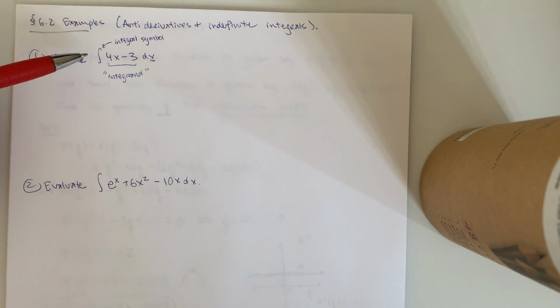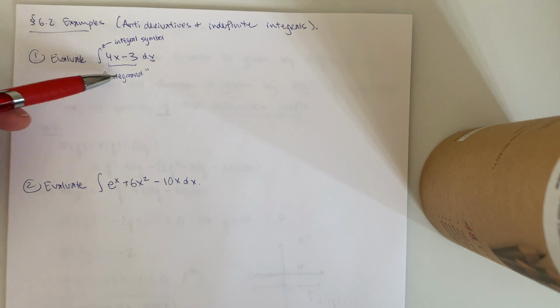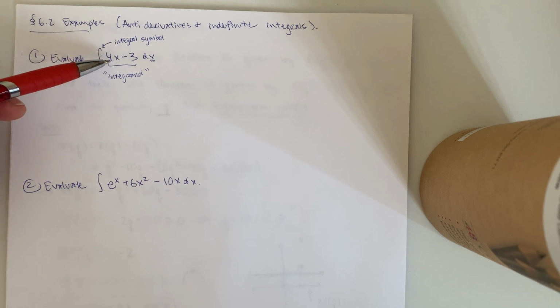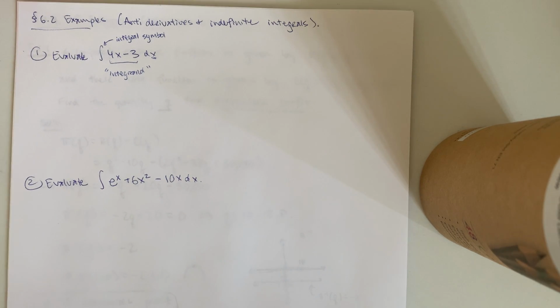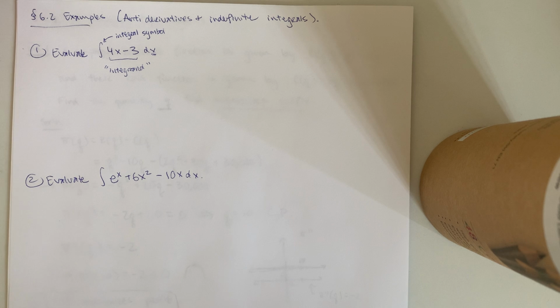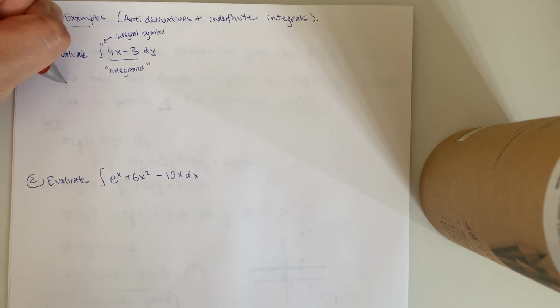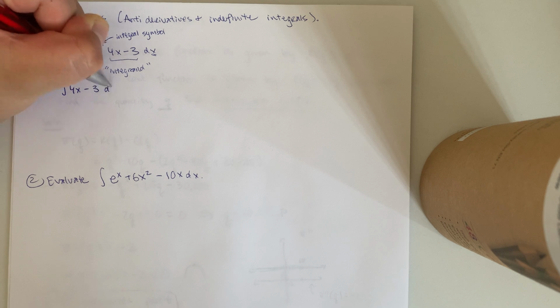Okay. The main things that we're looking at in this example, you have 4x minus 3. I'll go really slowly step by step, but I have a feeling that in the next week or so you'll be able to do these much faster and write fewer steps. But let me start really slow and go one step at a time.